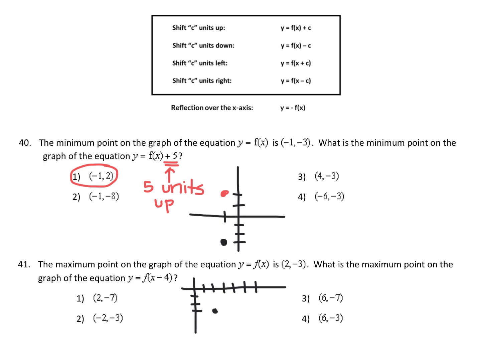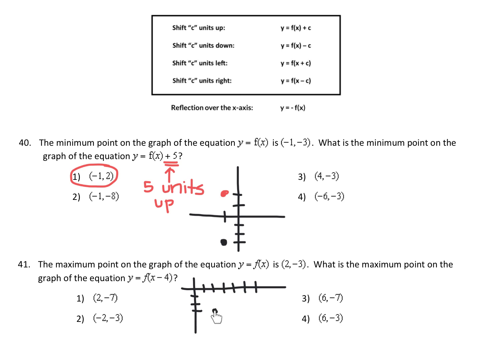Okay, number 41 says the maximum point on the graph of the equation y equals f of x is (2, -3), so right here. They want to know what is the maximum point on the graph of the equation y equals f of x minus 4. If you notice, we're subtracting a number within a function. Look at our rule up here: when you subtract within a function, it moves it to the right. So we're going to take our point and move it 4 units to the right.